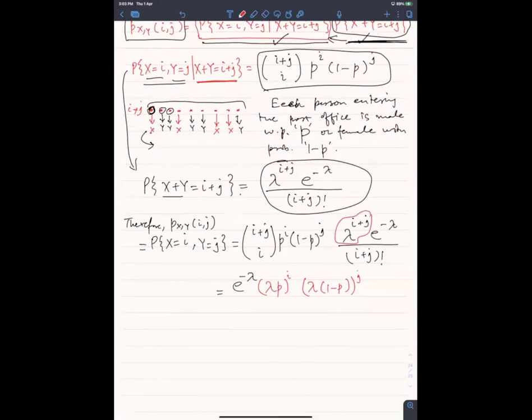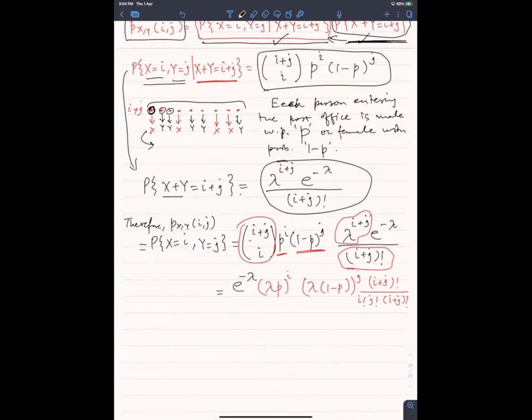So lambda to the power i went with p and lambda to the power j went with 1 minus p. Okay, and then after that you have this (i plus j) factorial divided by i factorial j factorial, and there is also an (i plus j) factorial below.